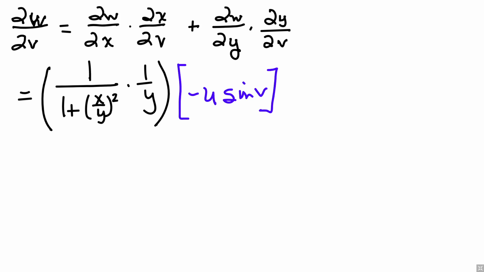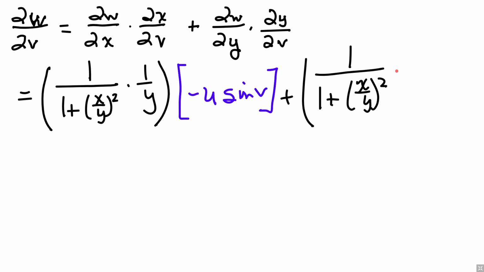Okay, all right, then plus the partial of w in respect to y, we already know that's going to be 1 over 1 plus x over y quantity squared times negative x over y squared. Now, we're going to multiply that by the partial of y in respect to v.